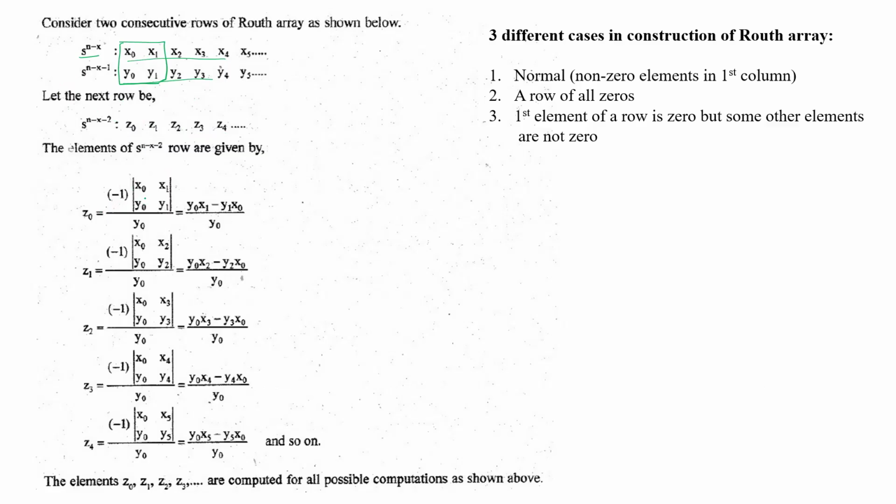Writing it out, negative x0 y1 minus x1 y0, rearranged, gives x1 y0 minus x0 y1, and this overall is divided by y0. There is no negative sign on the right side due to this arrangement.